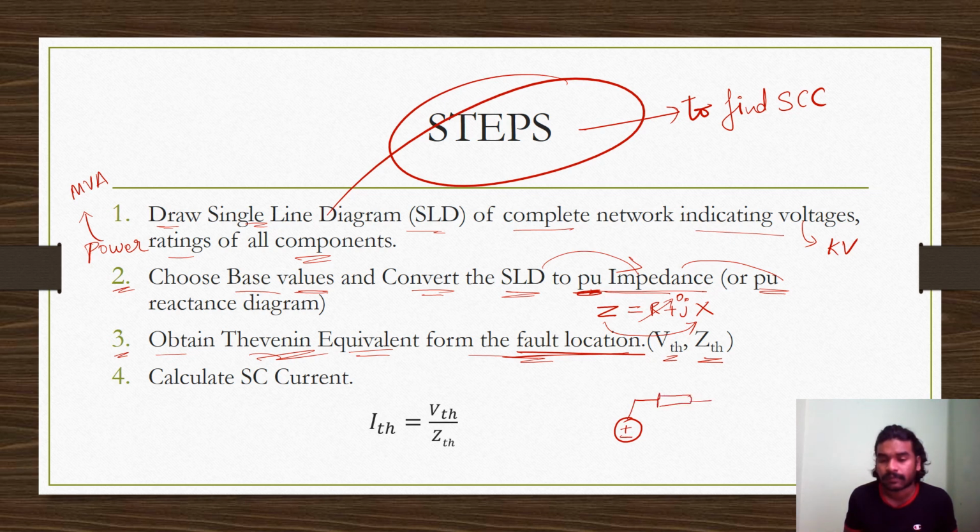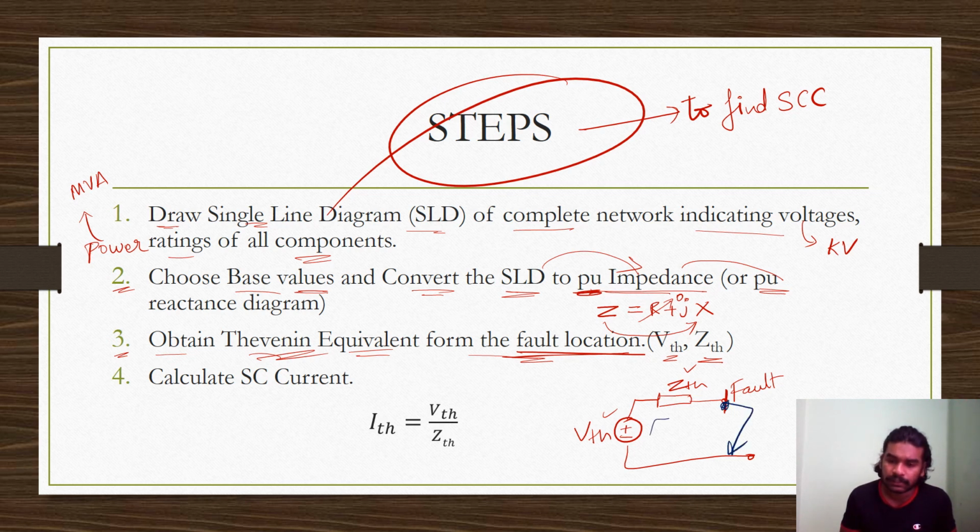Like this, and these are nothing but the fault terminals. You have to find out ZTH, VTH, and then create a fault at these terminals.